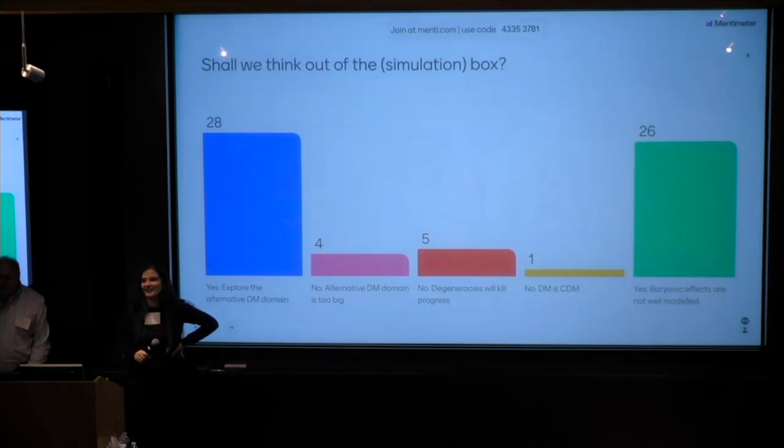Can I actually ask, maybe somebody can tell me, when we talk about baryonic effects, here we're talking about modeling them, but in reality, are we missing something physical, or are we missing something in terms of simplifications that we use for our subgrid models?